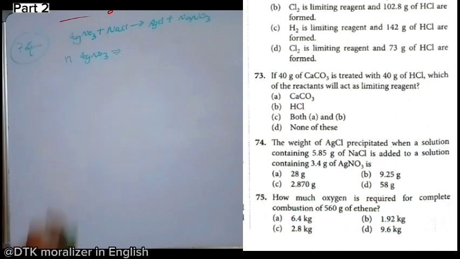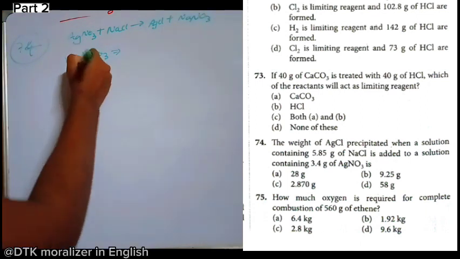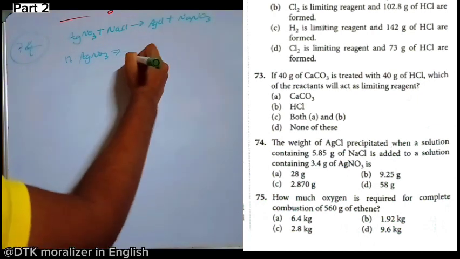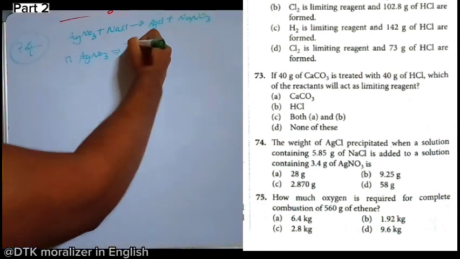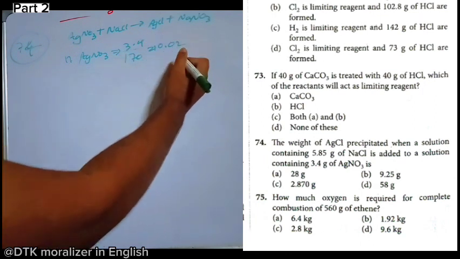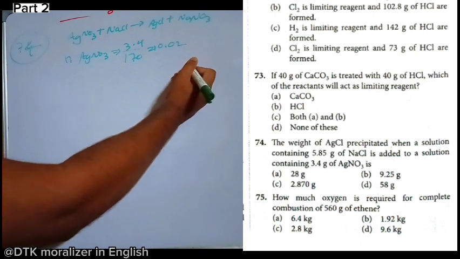So here the number of moles of silver nitrate is equal to 3.4 divided by 170, which is equal to 0.02.